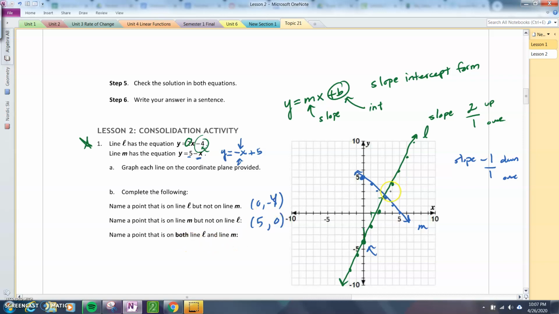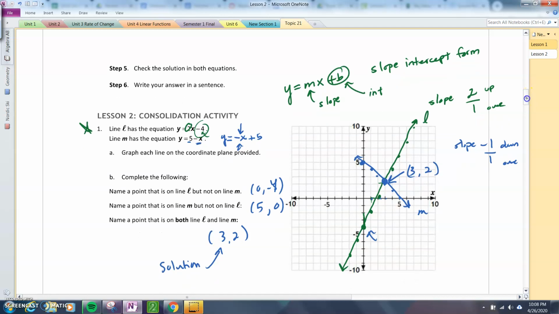And the one that they both have, my graph's off a little bit, but it looks like they meet at this point, which is at 3, 2. I write that as a coordinate. Now, this is actually the solution to the system. It's where they intersect.